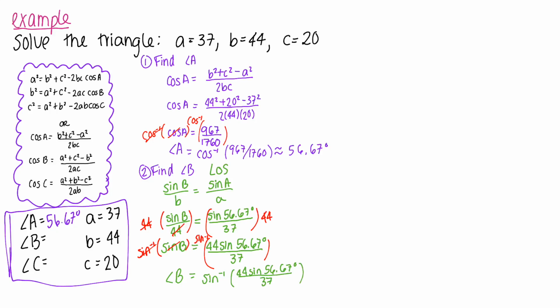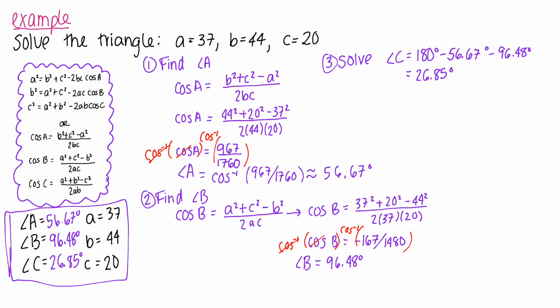I'm going to pop that in my calculator real quick. All right, and then when I pop it in the calculator, I get 83.51 degrees for angle B. Right? 83.51 degrees for angle B. And I should be getting 96.48 for angle B.